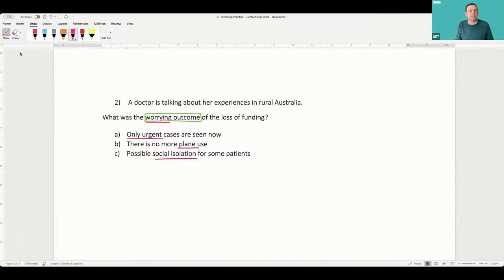Let's share those results. 59% of people say A, B 17%, and C 24%.